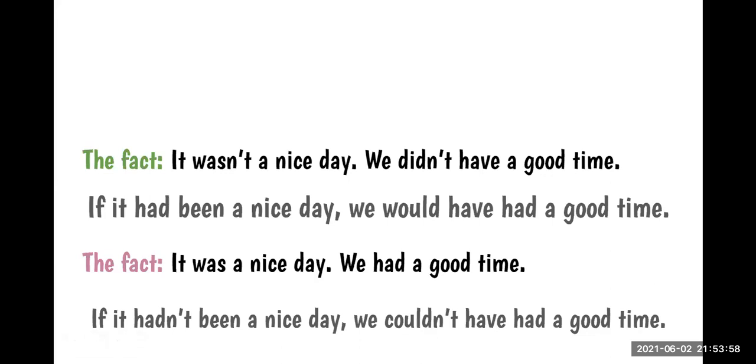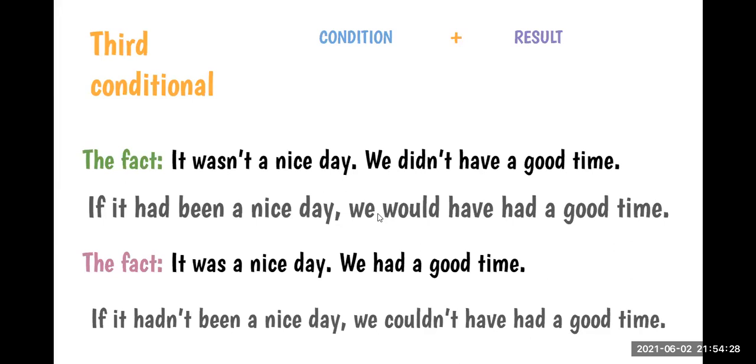What tense do we use in the first part, in the situation? ¿Qué tiempo gramatical ocupamos en la primera parte? Past perfect. Had and a verb in the past participle. Hadn't and a verb in the past participle, right? Very good. So, what about the result? What tense do we use here?